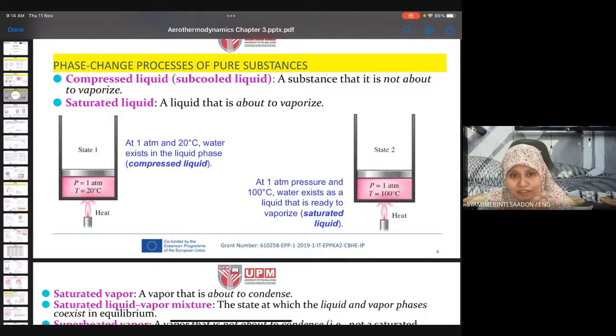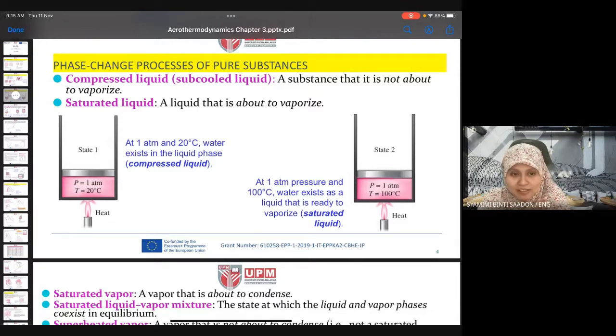In engine cycles, even in the aircraft engine cycle, gas turbine cycle, or power plant cycle, the compression of liquid or other fluid is always at a lower temperature compared to the expansion, which is the opposite, expansion in the turbine.